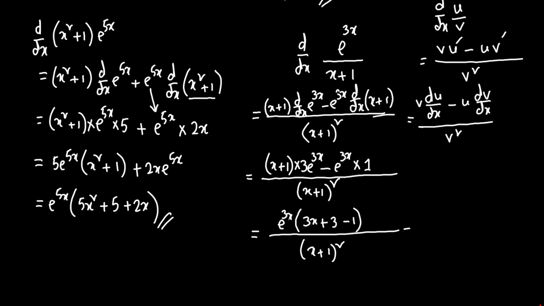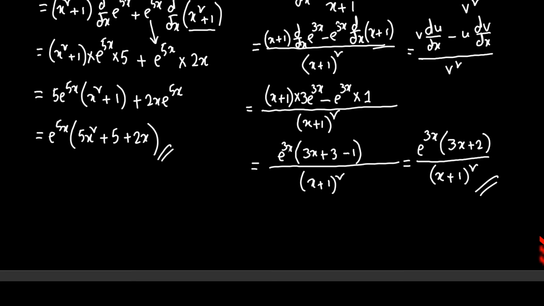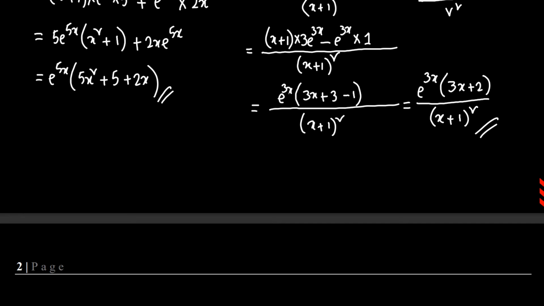So finally you can write e to the power 3x, inside the bracket 3x plus 2, and below x plus 1 whole square. This is our answer of this question. I'm going to move on to one or two more questions for you.